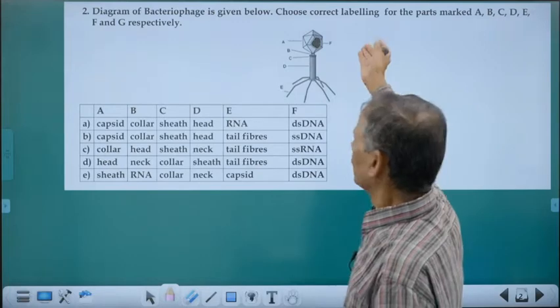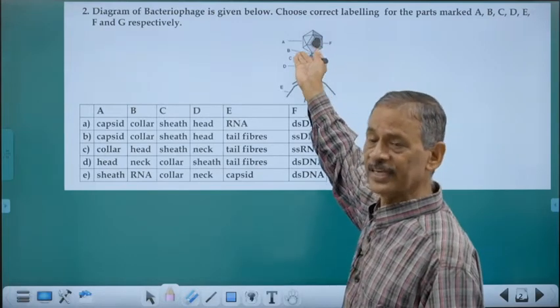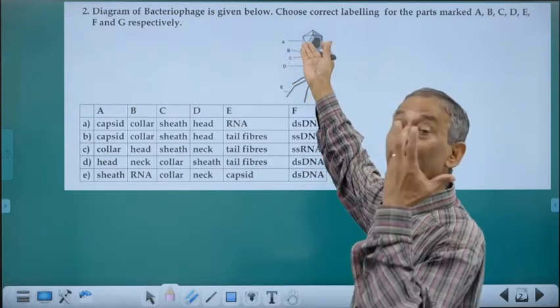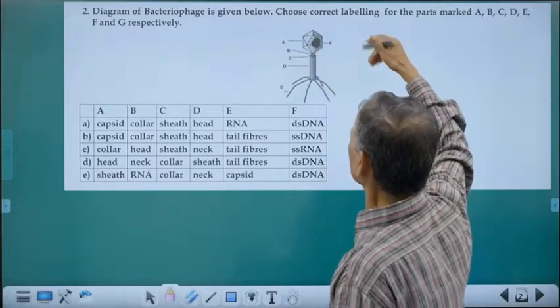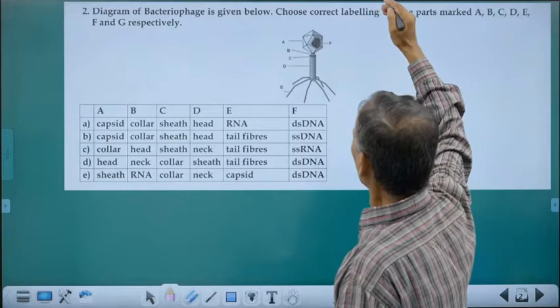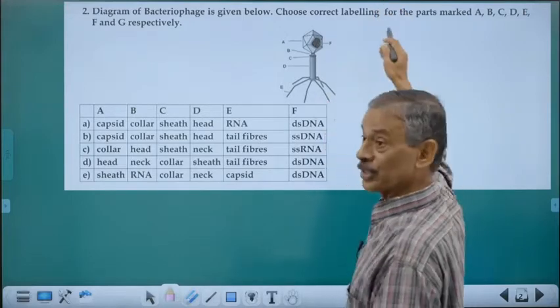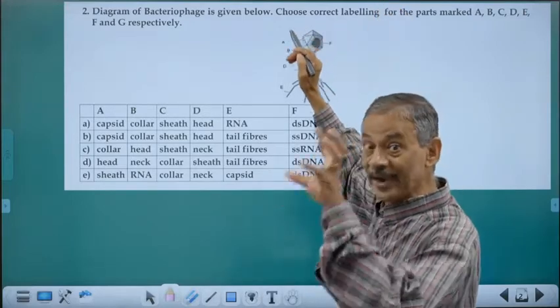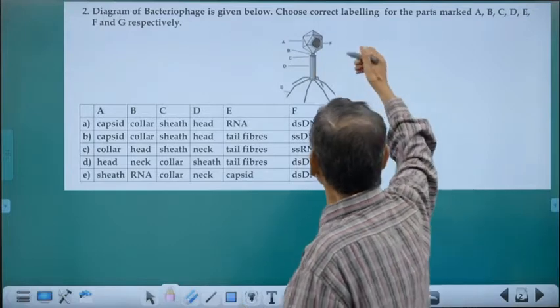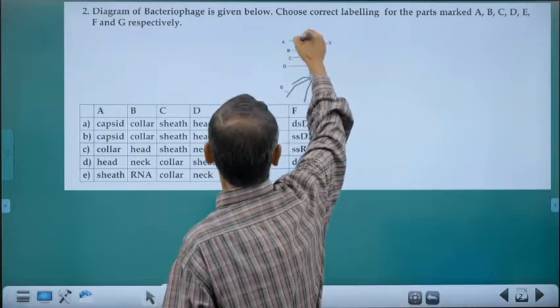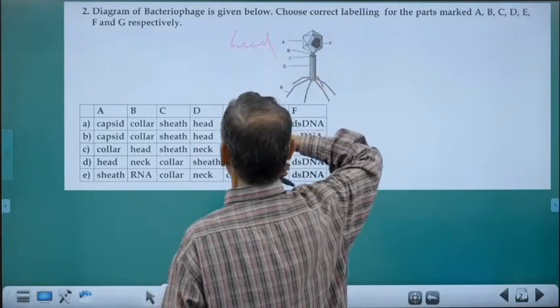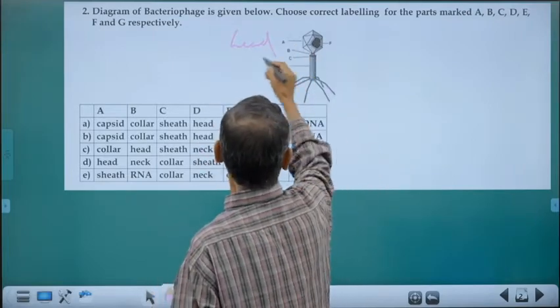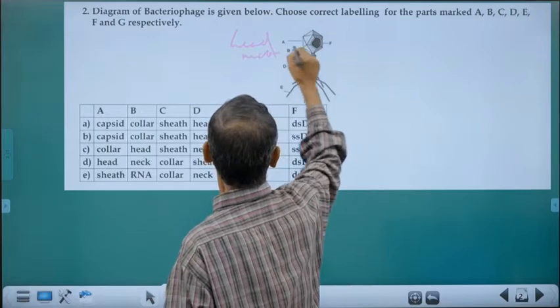Now, we know that this is the diagram of a bacteriophage. What are these structures? Whenever a diagram question is given, we have to identify the parts. Say, for example, A. We know that this is the head. What is B? B is the narrow connecting area, so it should be the neck.